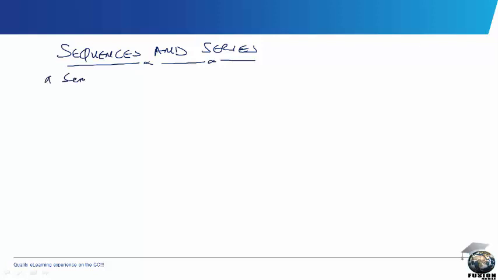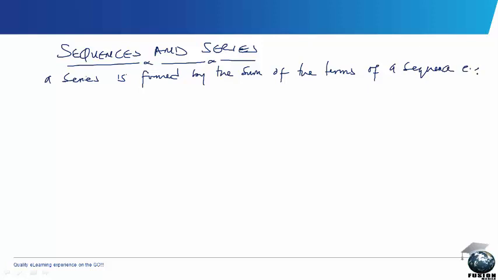A series is formed by this. Some examples of a sequence are given below. We have a sequence of 1, 3, 5, 7.